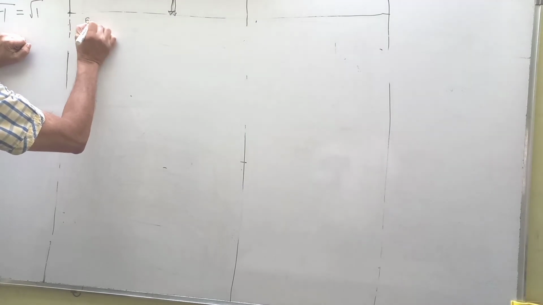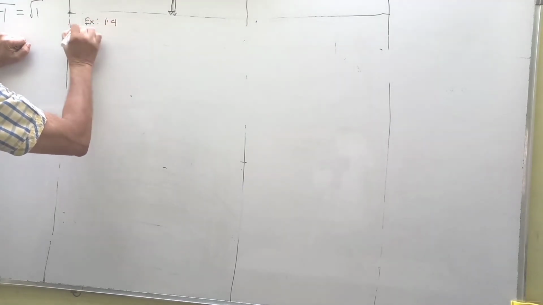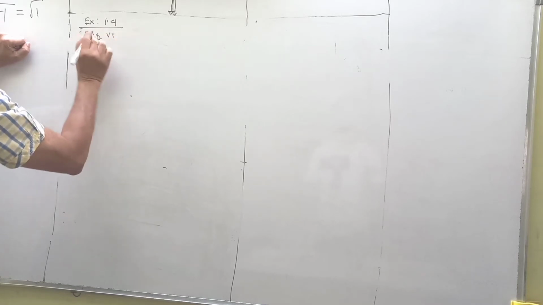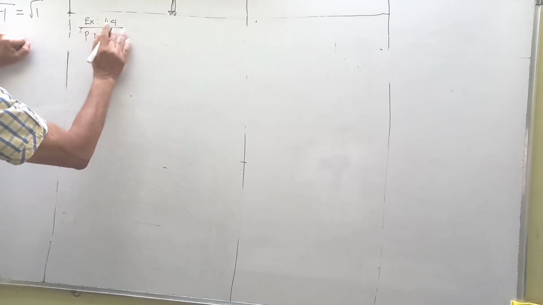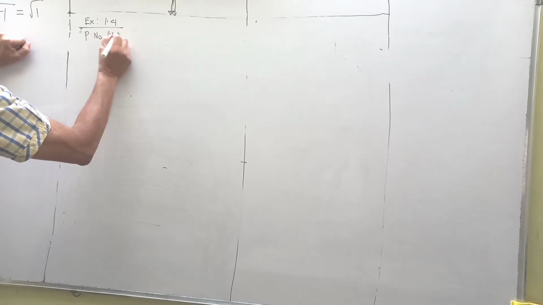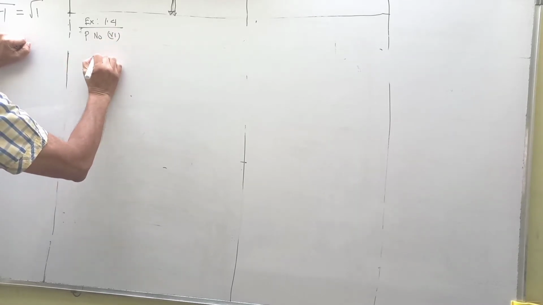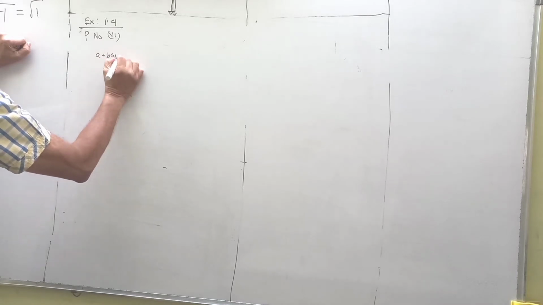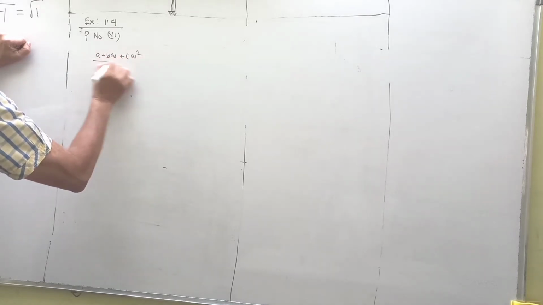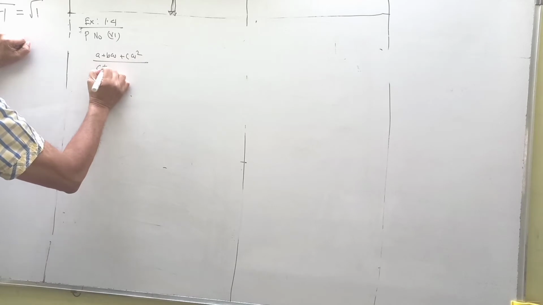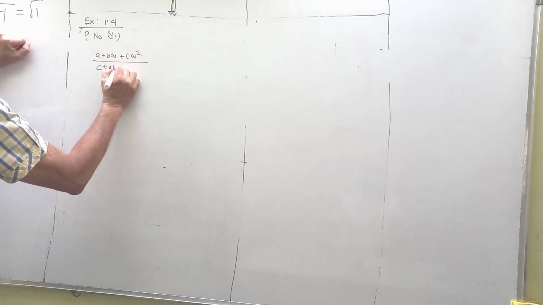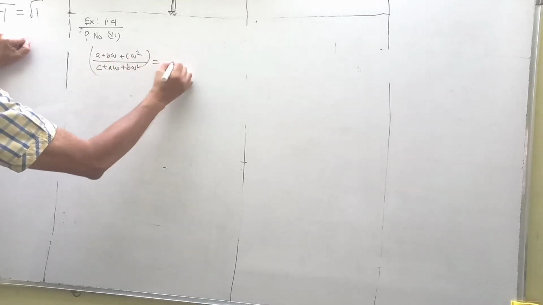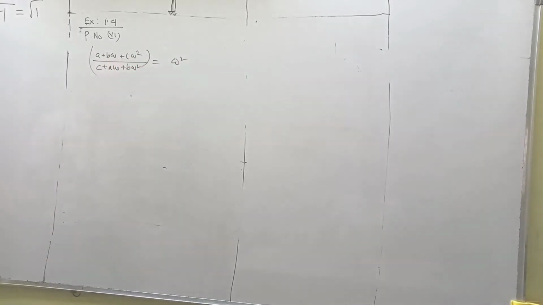Again, exercise 1.4, problem number 6. We are doing here (a + bω + cω²) divided by (c + aω + bω²), and this value equals ω².